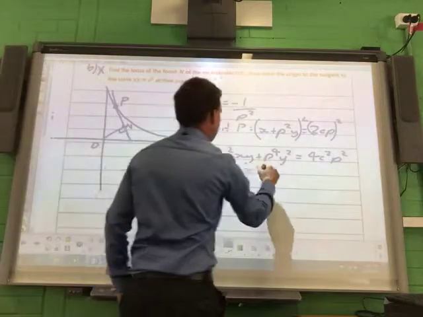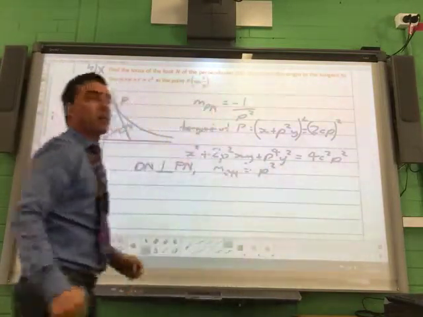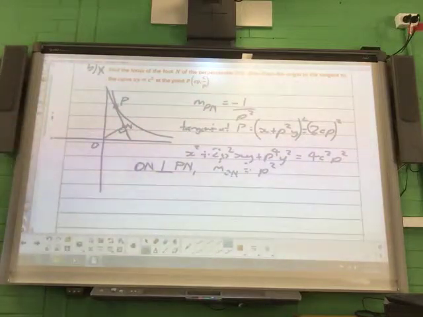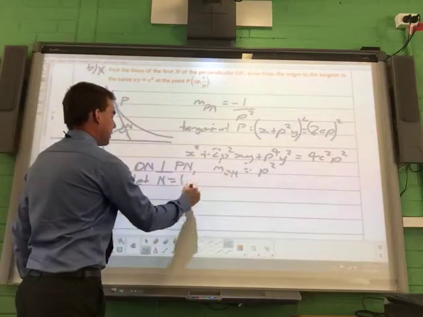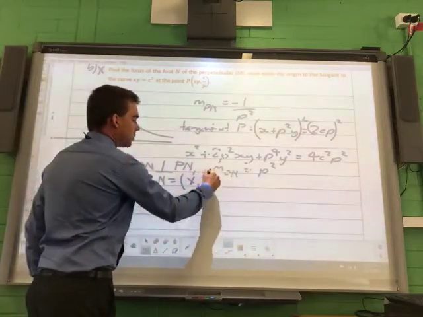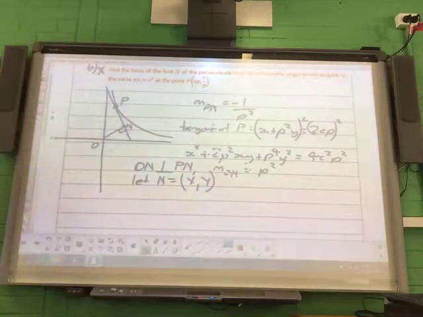Okay, so reciprocal, change sign. So the gradient is p squared. Okay, so if we let the point N be some variable, again, call it capital X, capital Y. What's the gradient of ON given the coordinates?